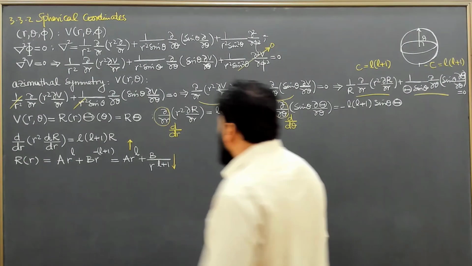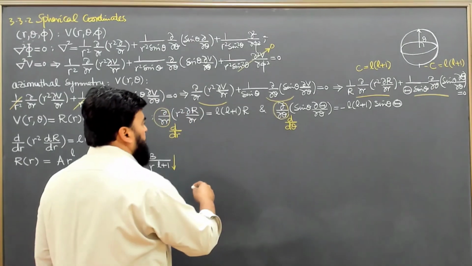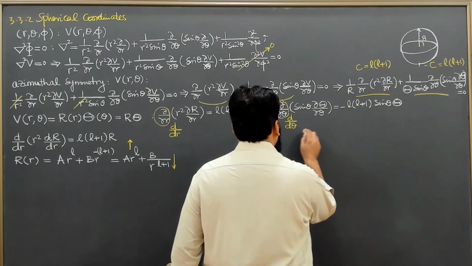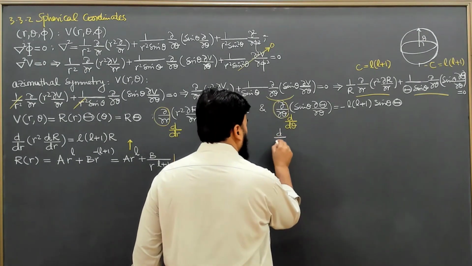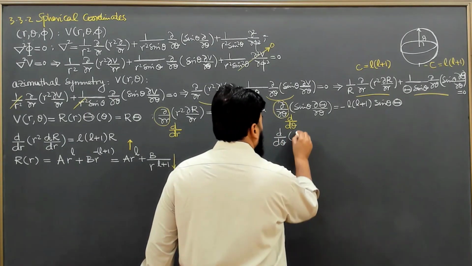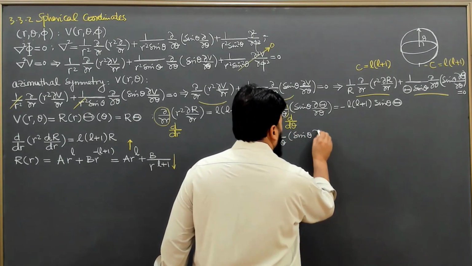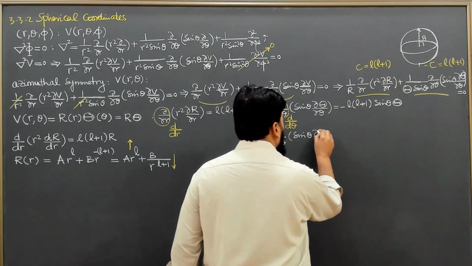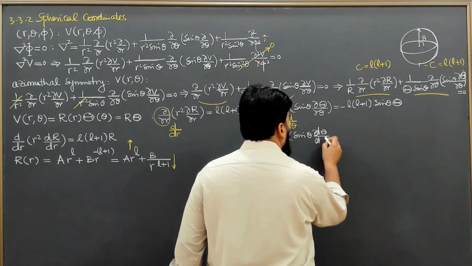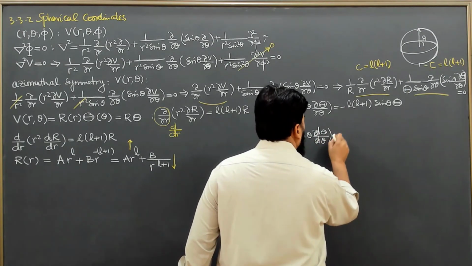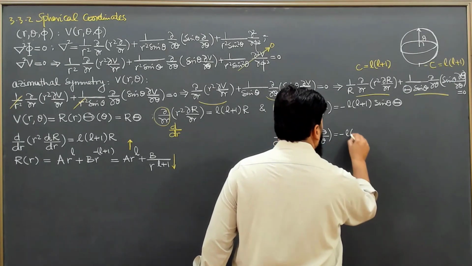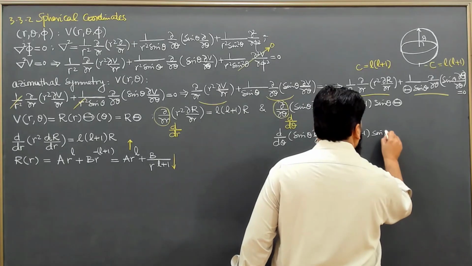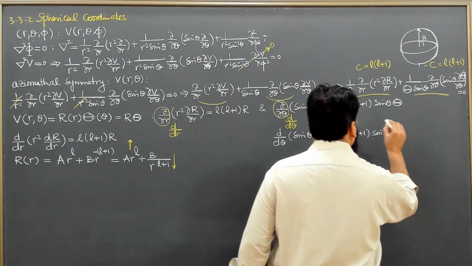Then we come to the next equation, which is d over d theta of sine theta, d big Theta over d theta, and it equals minus L into L plus 1, sine theta and big Theta here.